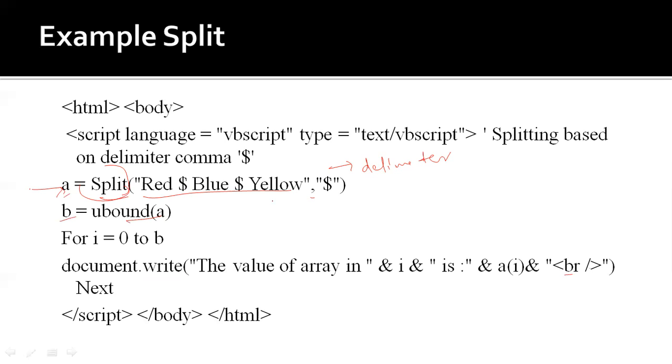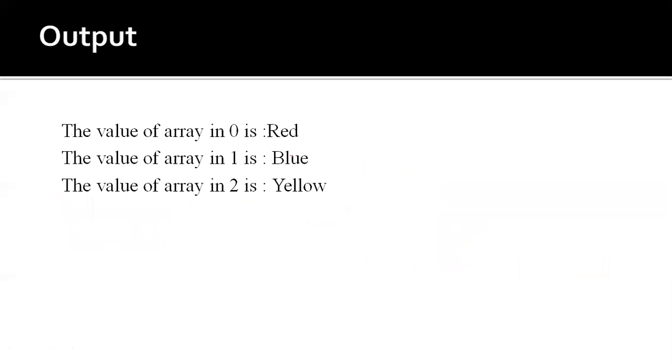So it will split it as red, blue, then yellow. Where there is a dollar symbol, from there it will divide the elements. As you can see here, the first element is red, then blue, then yellow.